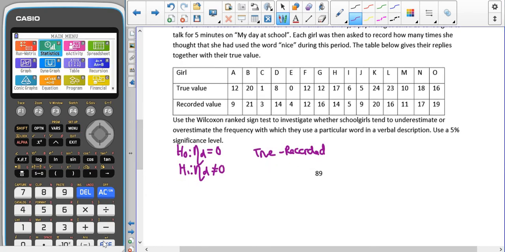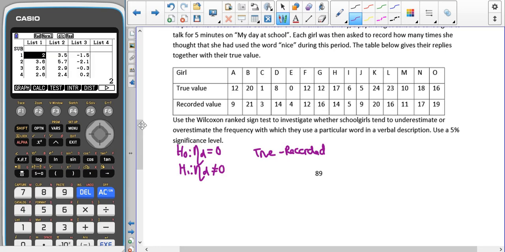And back into the statistics function, we are now going to put the true values into list 1. And the recorded value into list 2.